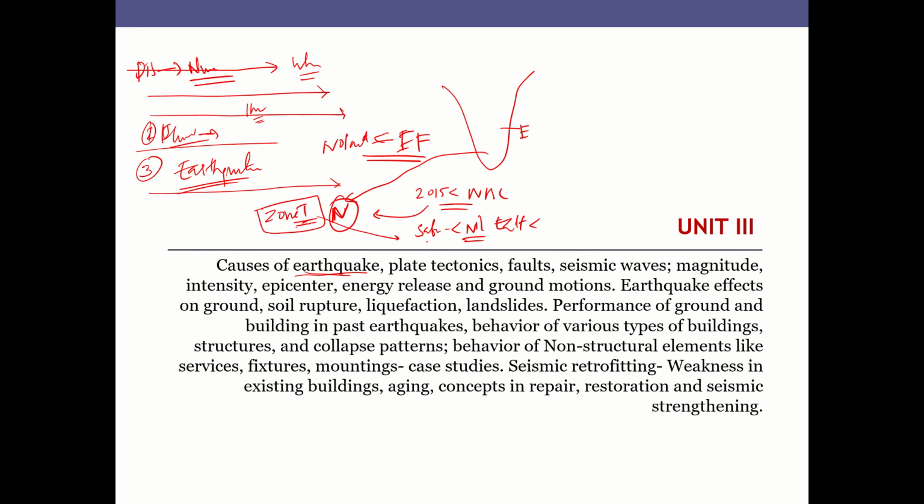In the revised National Building Code, we no longer have this zone. So Zone 1, which was supposed to be safe, has been taken off. I'll show you the map later in the slides, where it will start with Zone 2, Zone 3, Zone 4, and so on. That's one thing we should keep in mind.